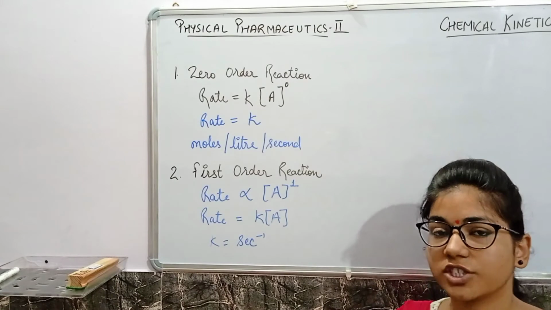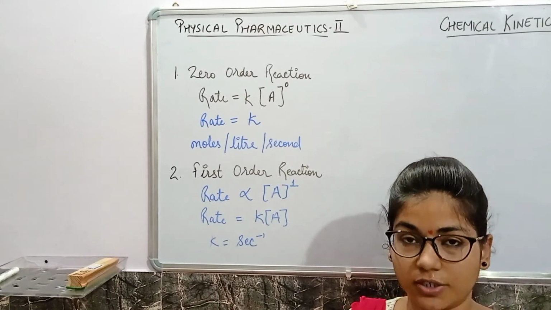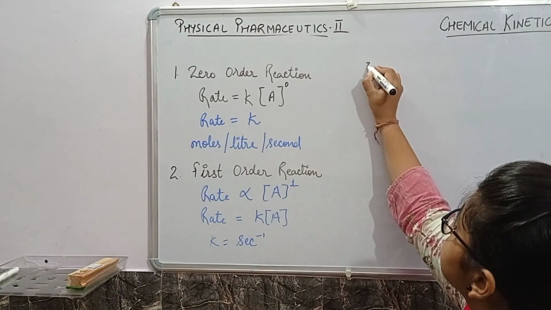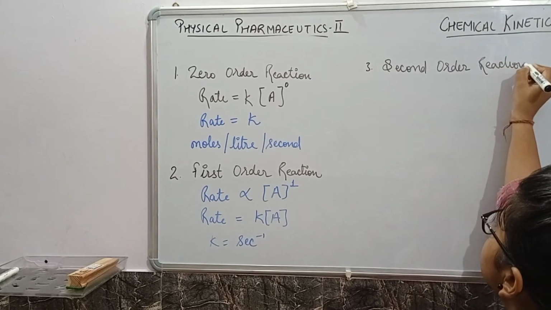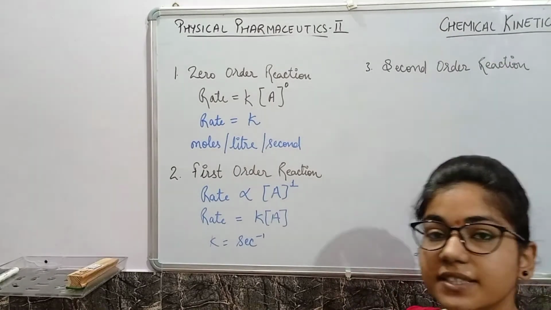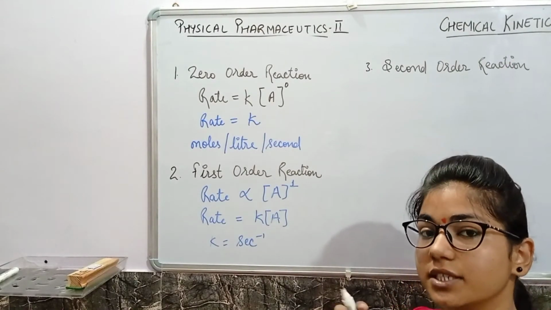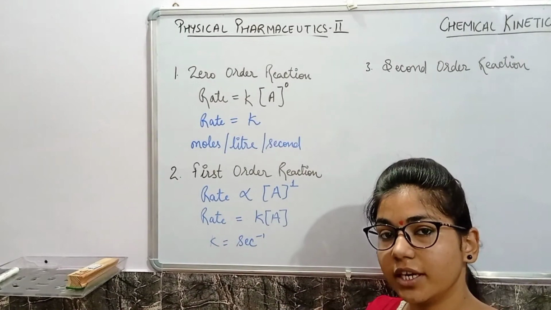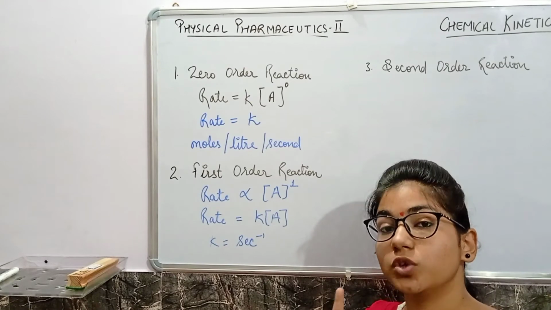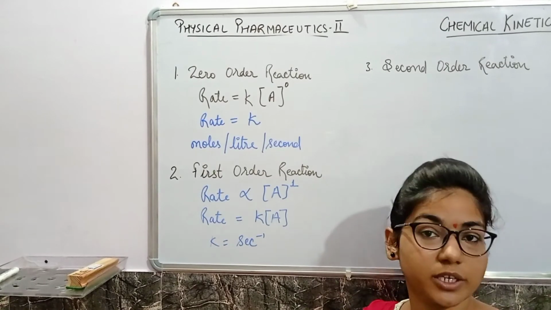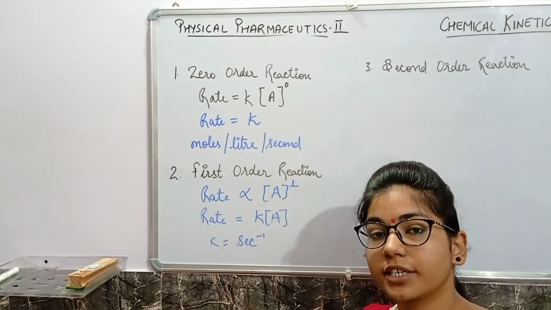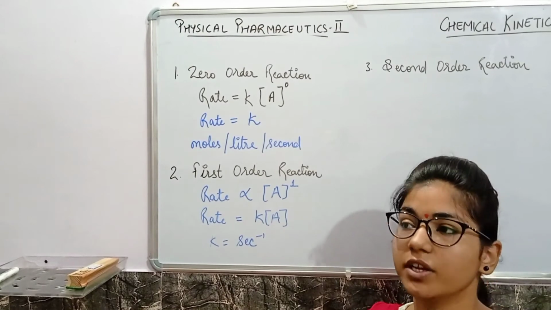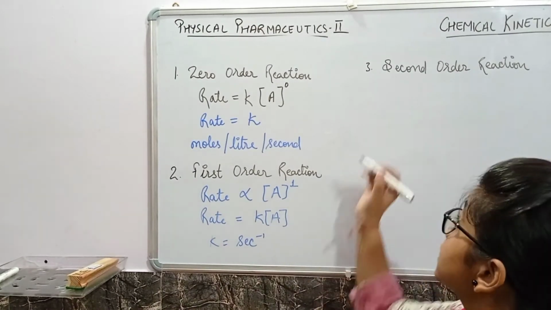Our next reaction is second order reaction. As the name indicates, second order means the sum of the powers of concentration is 2. So there are two conditions. If there is only one reactant, then its power is 2. And if there are two reactants, then they both have equal concentrations.